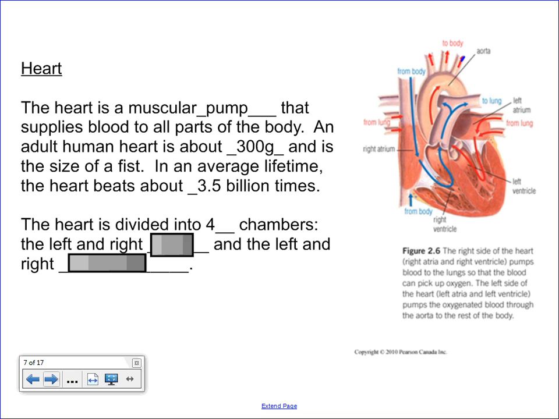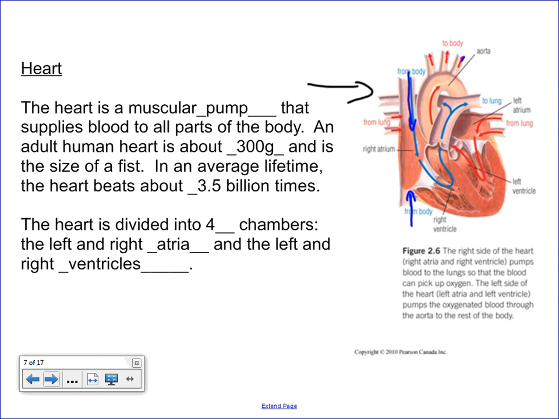We have the left and right atria, or atrium if you're just talking about one, and the left and right ventricles. So the diagram off to the right actually shows how blood moves through the heart. All blood enters the heart from the vena cava, and it enters the heart as deoxygenated blood, which is denoted by the blue lines.